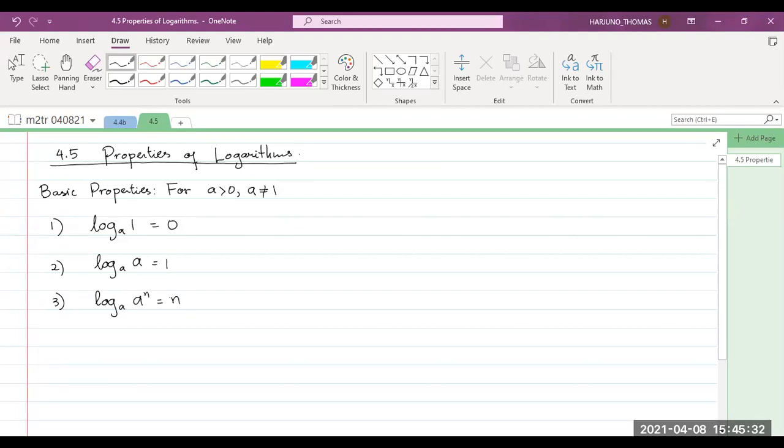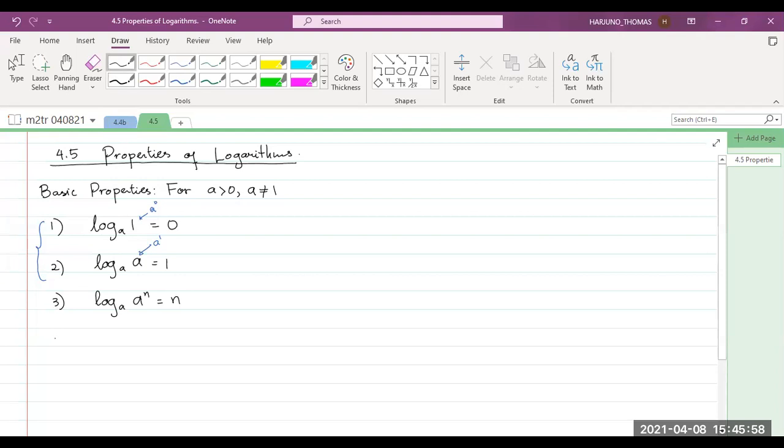Now, if you think about it, the third basic property here is the general case of the first two, right? Because you can write 1 as a to the 0, and you can write a as a to the 1. So basic property number 3 is actually the general case of basic properties 1 and 2.